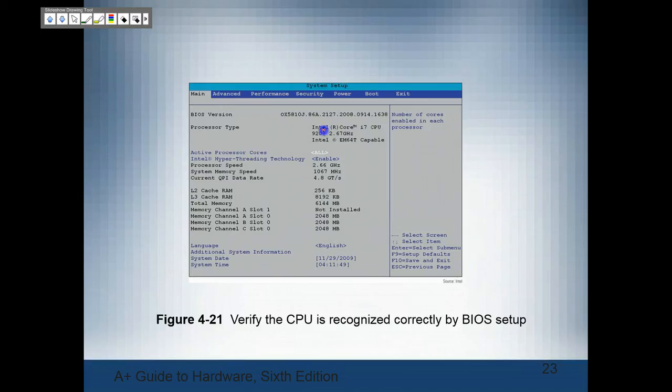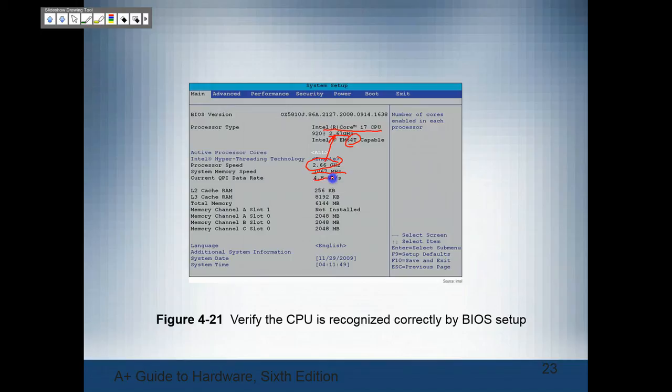The processor type is an Intel i7 CPU 9200, 2.67 gig, Intel 64, EMT 64 capable 64-bit. Processor speed 2.66 gig, which matches up with a 2.67. The system memory speed 1076 megahertz.